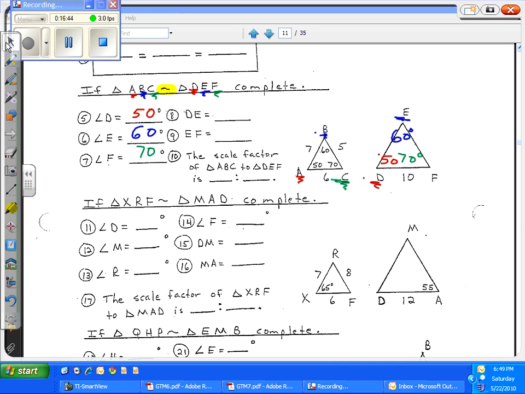Now, it asks for side DE and side EF. Now, they're not the same. They're not equal to the sides of the other triangle. They're in proportion with the other sides in the triangle. So we can't just say DE is equal to its corresponding side AB.